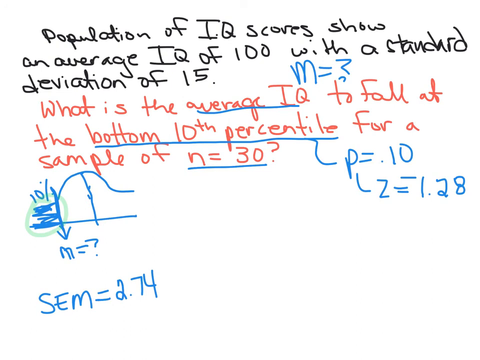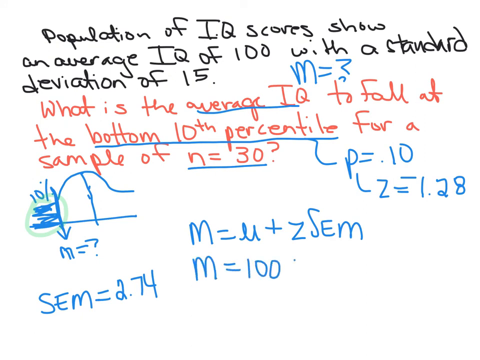So we're going to do the same thing as before, and we are going to use M equals population mean plus the z times the standard error of the mean. So in our case, it's M equals 100 plus, I'm going to put this in parentheses, negative 1.28 times 2.74.